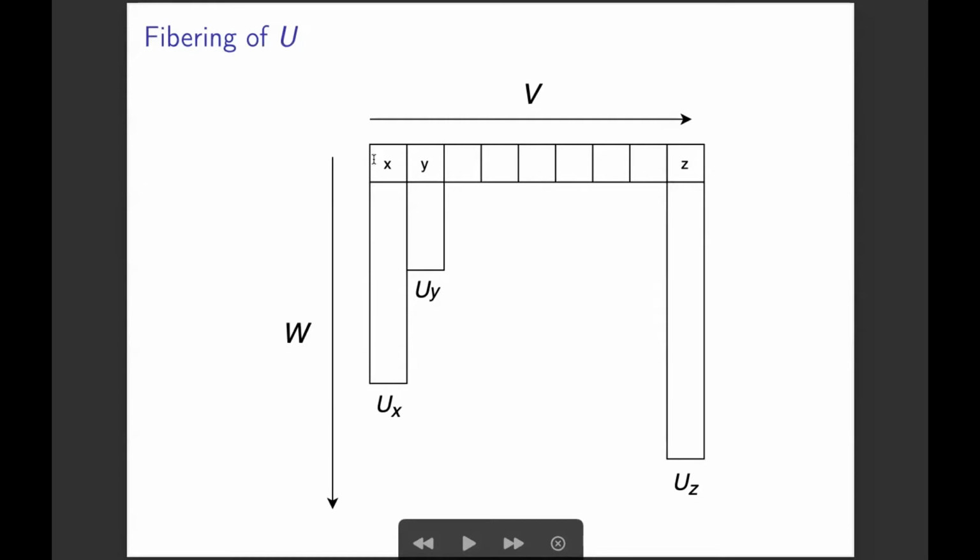So then we have projections on a subset V, and for each projection and each coordinate, we have a slice u_x and u_y up to u_z, for each first coordinate of your set.